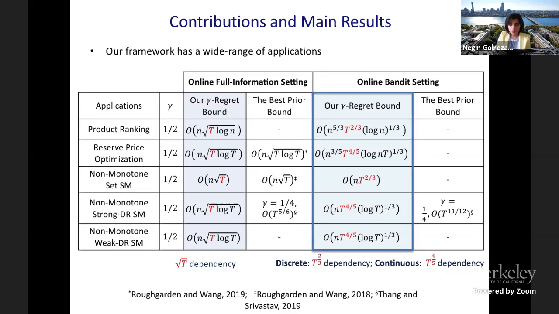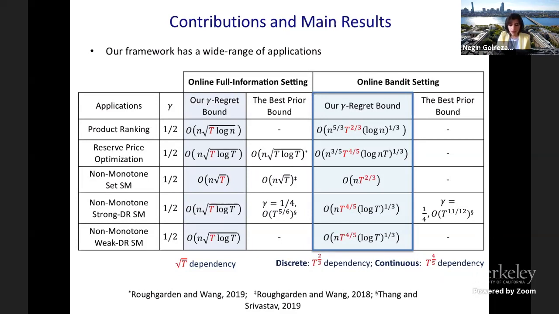So for the continuous case, for example reserve price optimization, we need to also do discretization, and because of the discretization error, our regret bound gets a little bit worse. We get T to the power of 4/5.